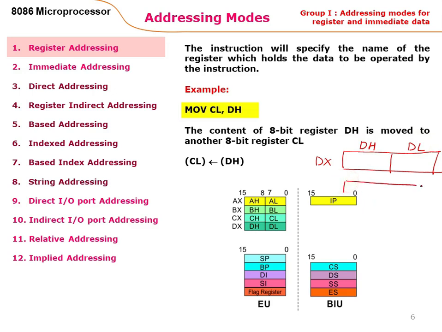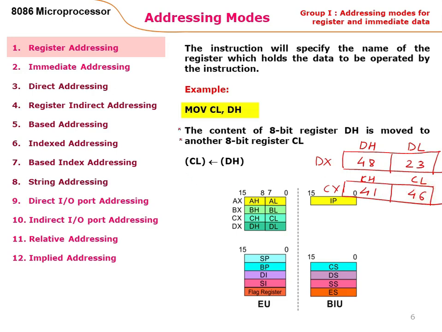Similarly, this is our CX register. The lower byte is CL, the upper byte is CH. Now we'll assume random data here: DX contains 4823 and CX contains 4146.